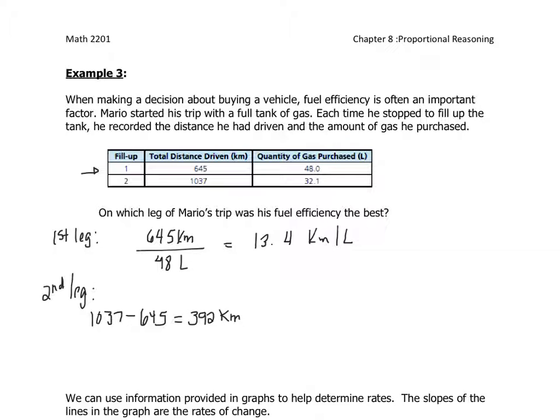So therefore, the fuel efficiency for the second leg would have been 392 kilometers using 32.1 litres of gasoline, which would give you a unit rate of 12.2 kilometers per litre. So in terms of fuel efficiency, he was getting more kilometers per litre on the first trip. This is the better fuel efficiency.